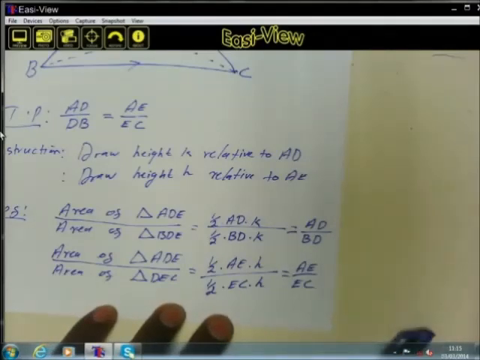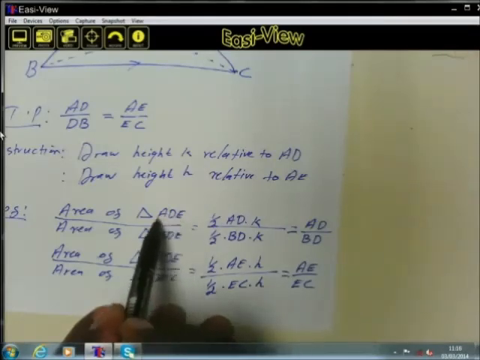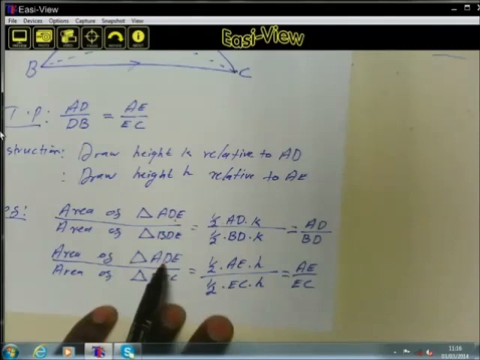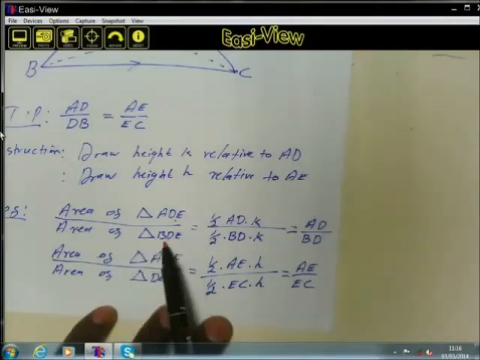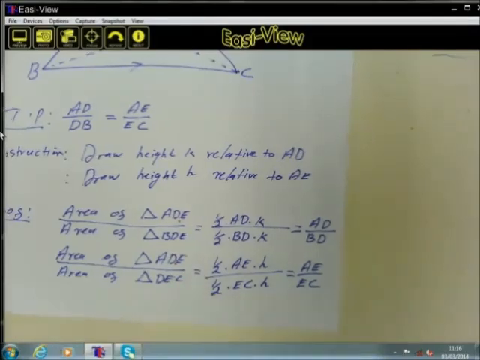What is special here is that there are things that are common. We have been talking about the area of triangle ADE, and even here it's still the area of triangle ADE. So the area of triangle ADE is common in both cases. But check the area of triangle BDE and the area of triangle DEC. Remember, the two triangles are between the parallel lines.